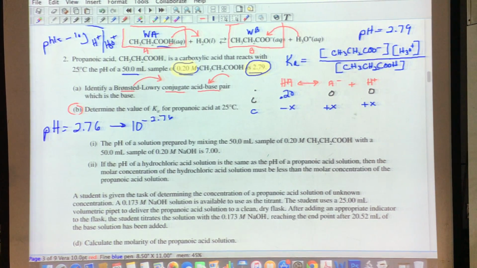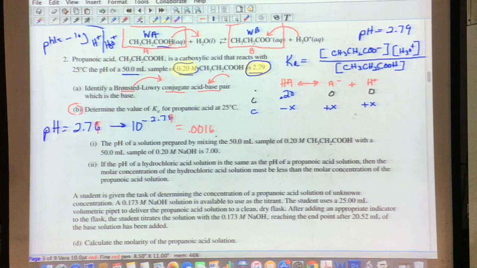Now you guys have your calculators. So I'm going to go second function, that little caret key, negative 2.79. These are the skills you need. Okay, so this is a 9. And this gives me 0.0016.